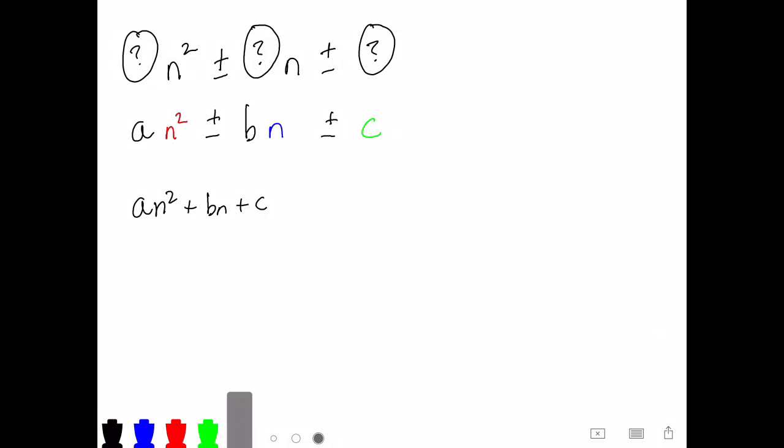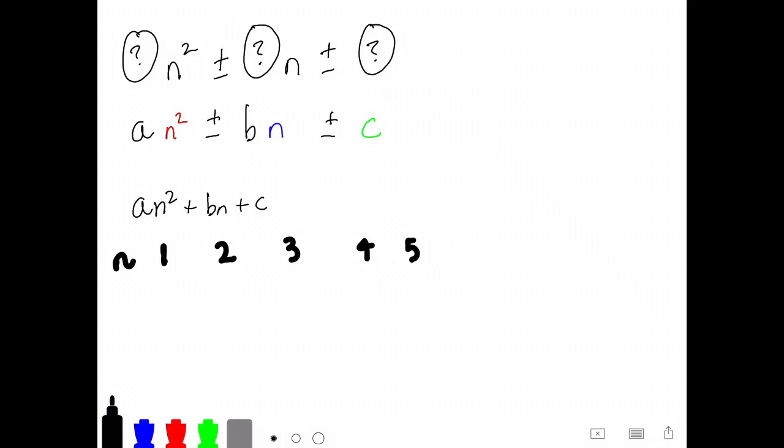So, let's write this out. 1, 2, 3, 4, 5. And remember that whenever we're counting terms, the number of the term is called n. And so to find all of these terms in these positions, we can just use the same expression and substitute n for all of these numbers in their positions.